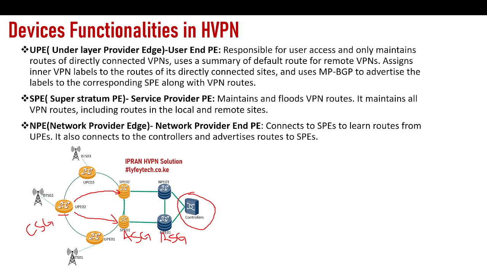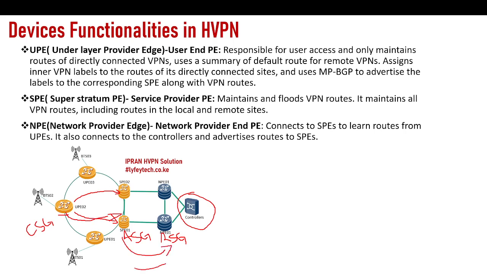So I mentioned that we have the three: the UPE, the underlayer provider edge, or the user PE. We have the SPE, the service provider PE, and then we have the network provider edge, the NPE, that is connecting to the controllers. For the route exchange, of course, we have the route coming from the UPE to the SPE, then the SPE will be in charge of advertising the route to the NPE.